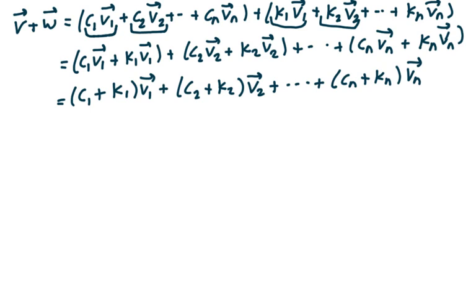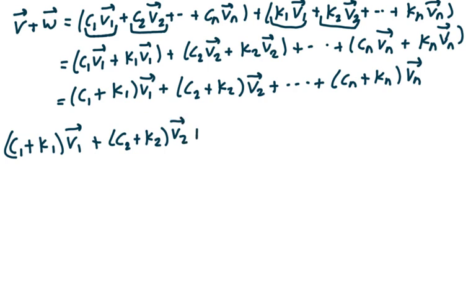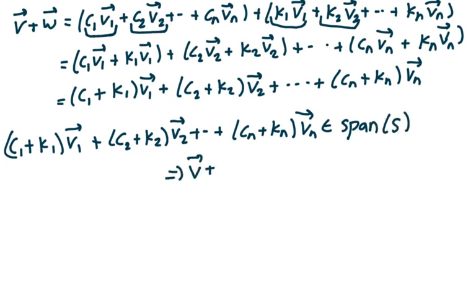And this belongs, so notice, if I look at just this, (c1 plus k1)v1 plus (c2 plus k2)v2 all the way through until (cn plus kn)vn, this belongs to the span of S. And so that implies v plus w belongs to the span of S. So v plus w must be written in terms of that last line ultimately, right?